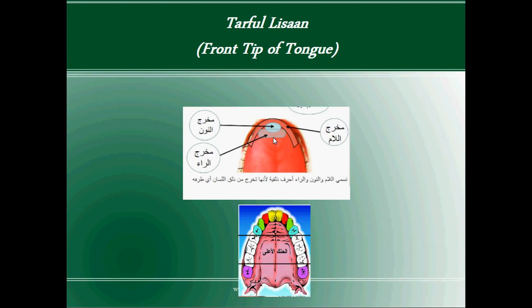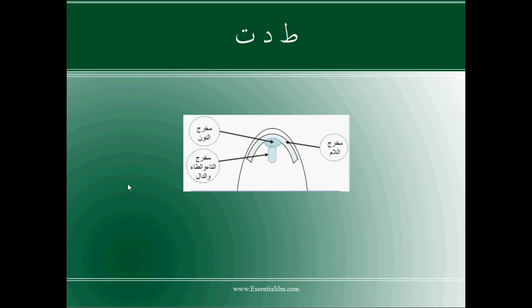Now I did correspond with a sheikh who teaches tajweed in South Africa, and he disagreed, and he said that the portion of the tongue that you should use for the ta, dal, and ta is right at the tip. So inshallah do whatever is most convenient for you.